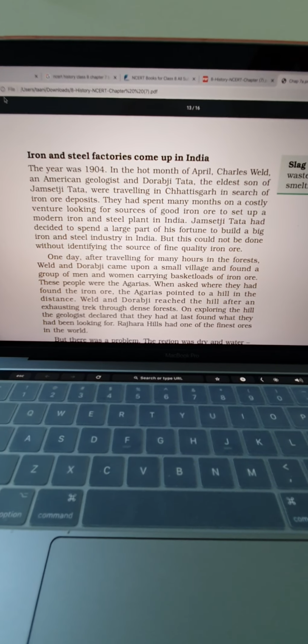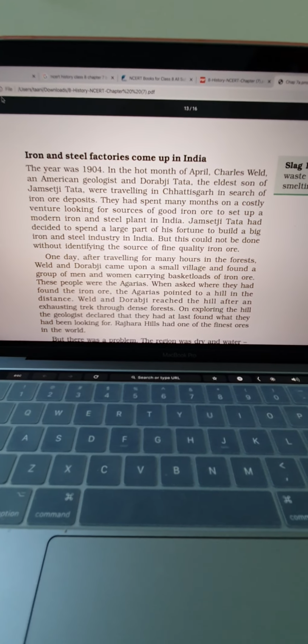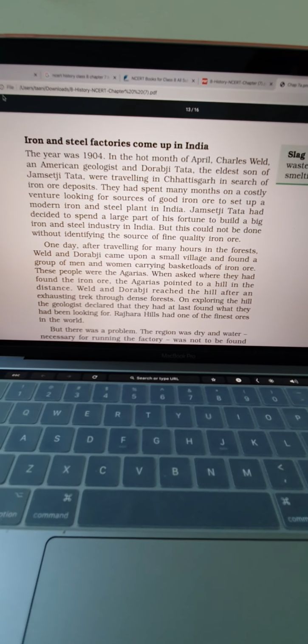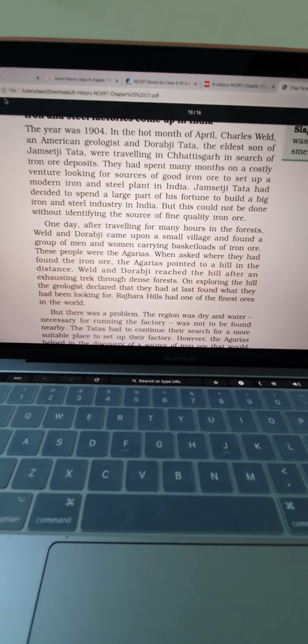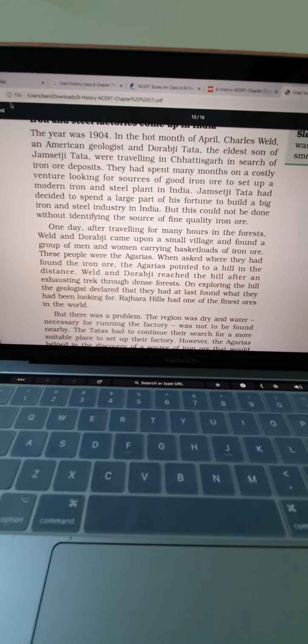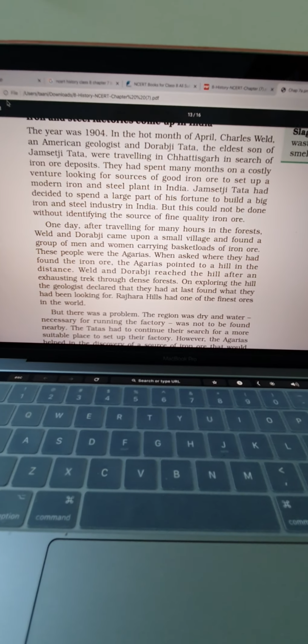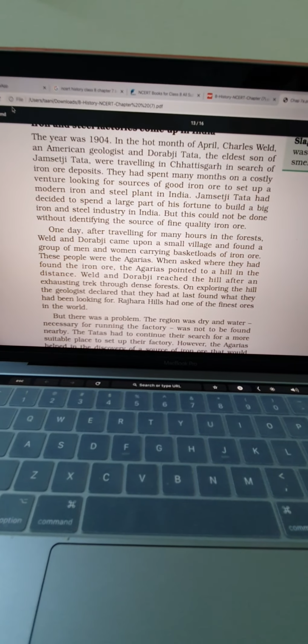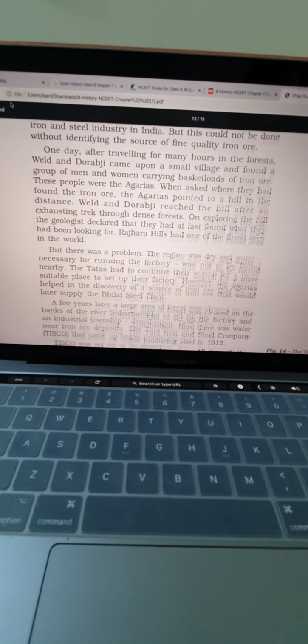The Tata Iron and Steel Company, which you call TISCO, was set up in 1912 and began producing steel. Two years after, in 1914, the First World War broke out, so imports of British steel into India declined, and the Indian Railways turned to TISCO for supply of rails.